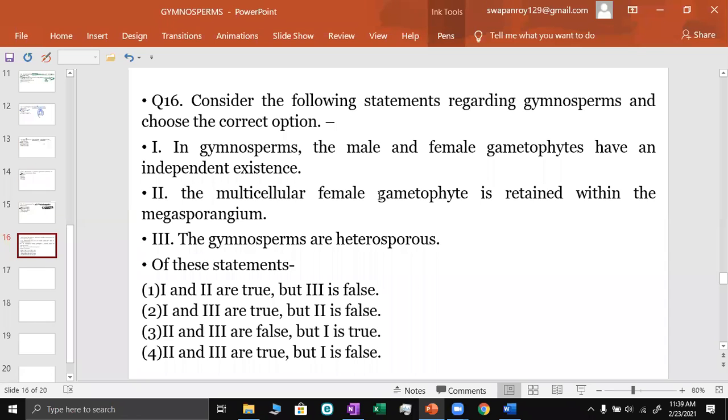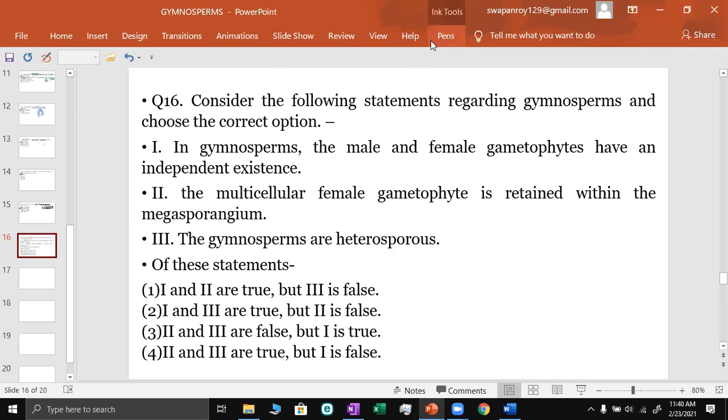Second, the multicellular female gametophyte is retained within the megasporangium. Third, the gymnosperms are heterosporous. Of these, which option will be correct? Option 4, sir. 2 and 3 are true, but 1 is false.